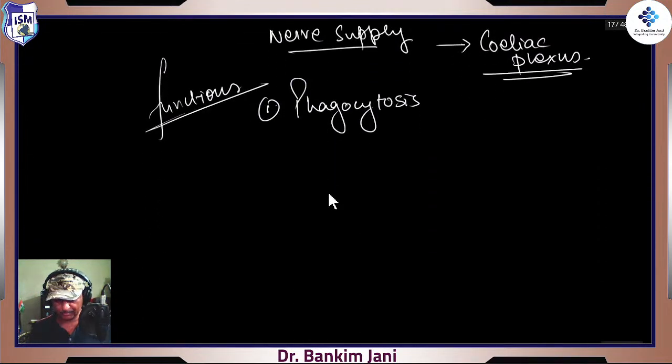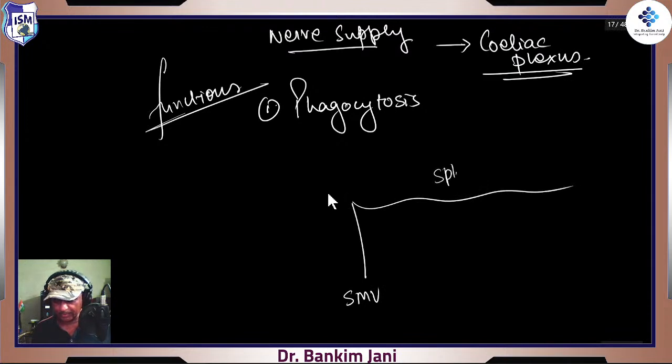So I'll draw over here and then I'll erase it. If you're talking about, say, superior mesenteric vein, and over here there is a nice splenic vein.